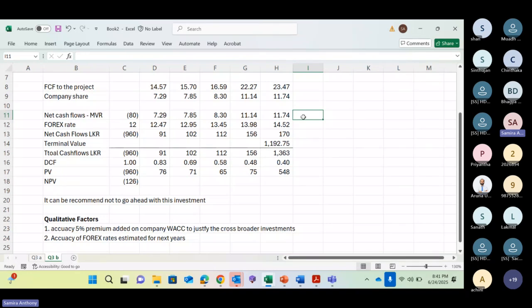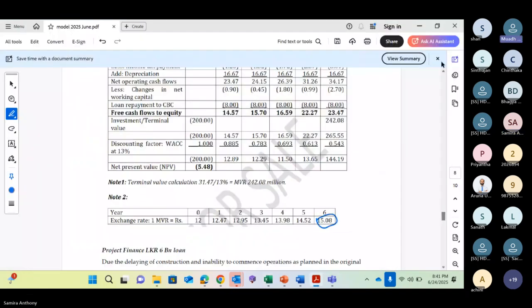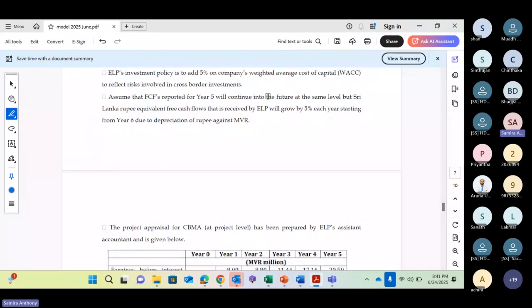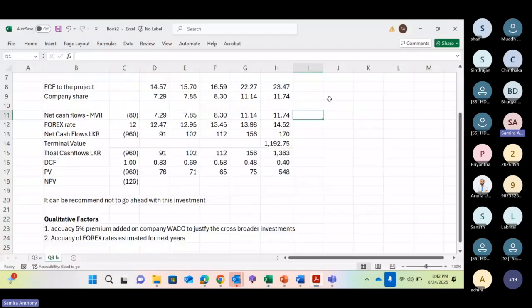It will be constant. Remember, Priyanta, Hanifa? Yes, sir. Year 5 will continue in the future at the same level. No increase in Maldivian rupees. That means year 6 also this will be the value.